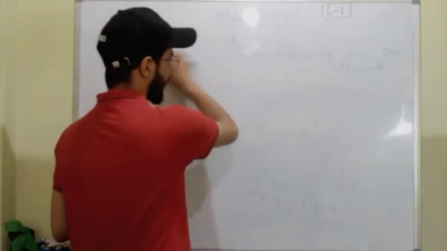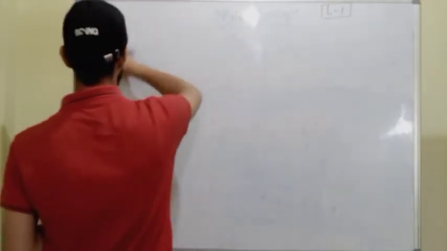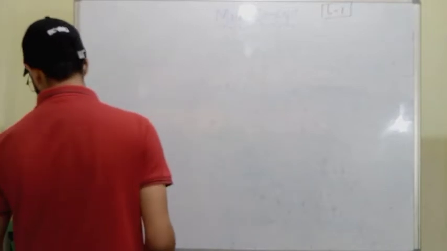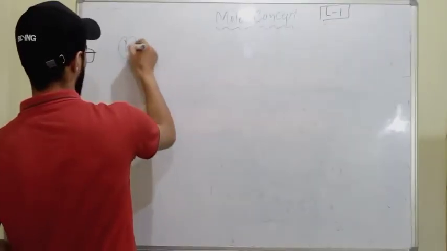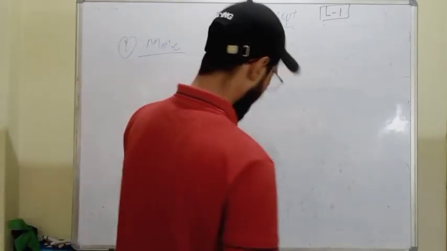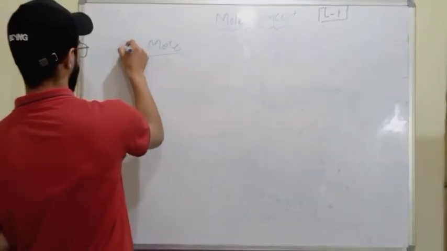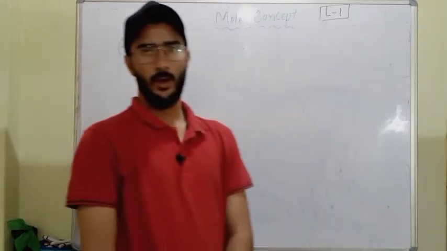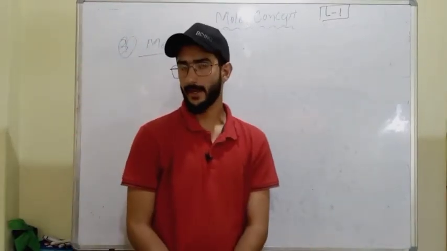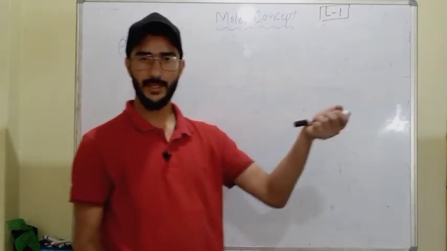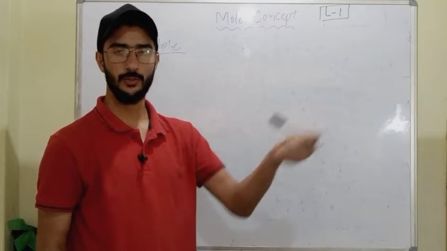This was about the atomic mass, and now I am going to touch something about the mole. I think it's the third definition. Mole is simply a number, like we have the meter scale, 1 meter, 2 meter.